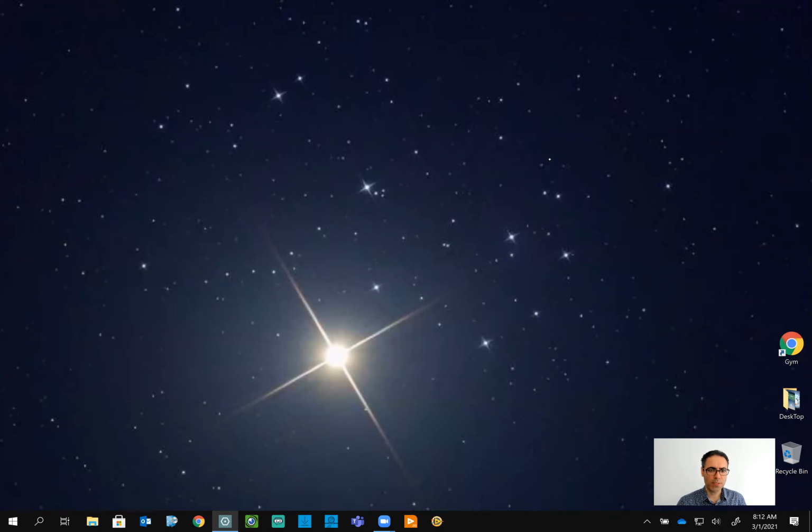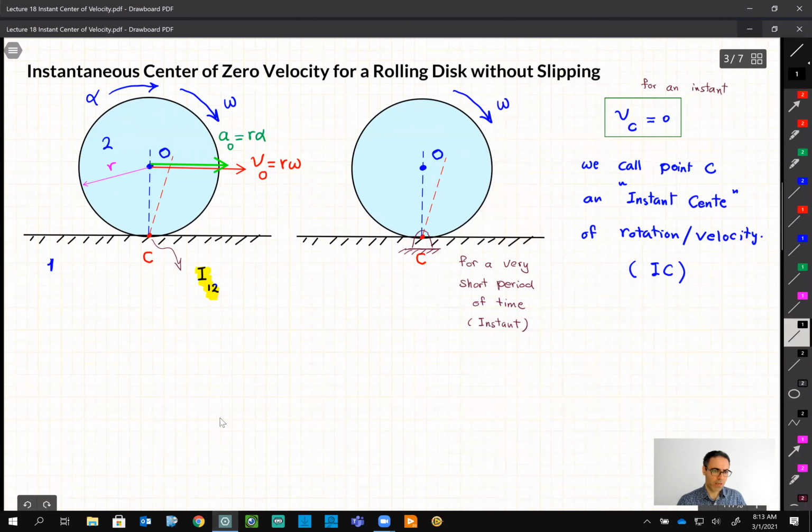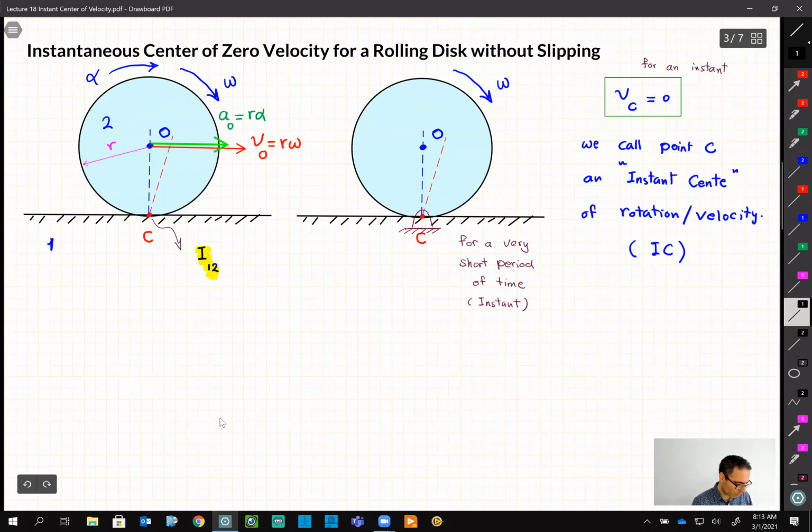No, we don't. But Kihomi is suggesting we should have a normal acceleration. Okay, then let me give you a hint. What is the path that point O is moving on? Point O is moving on a straight line, right?